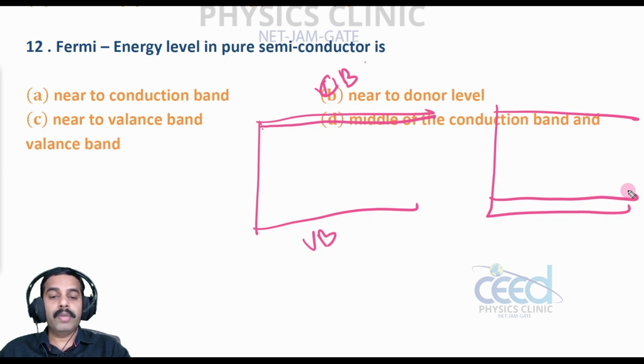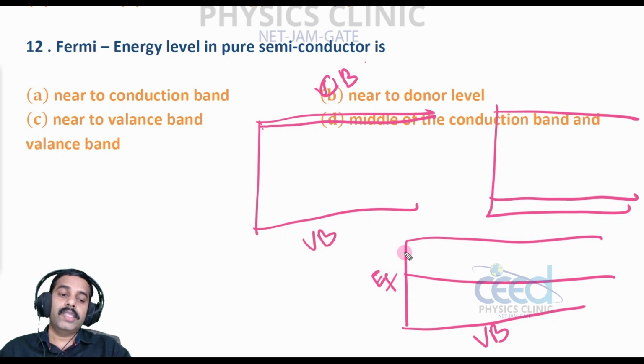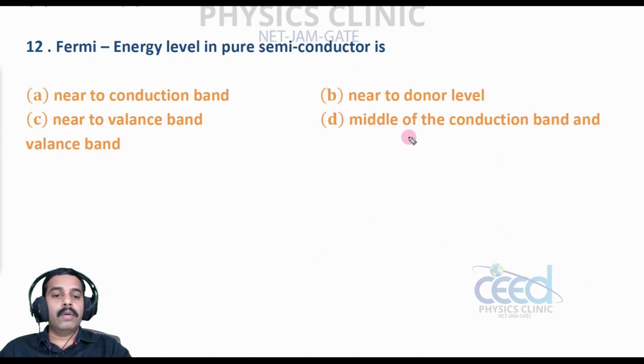But for a pure semiconductor, the Fermi energy level is in the middle. We conducted a detailed discussion on this during the theory portion, right? So the Fermi energy level is in the middle of the valence band and conduction band. So which one is the option? Middle of the conduction band and valence band in a pure semiconductor, right?